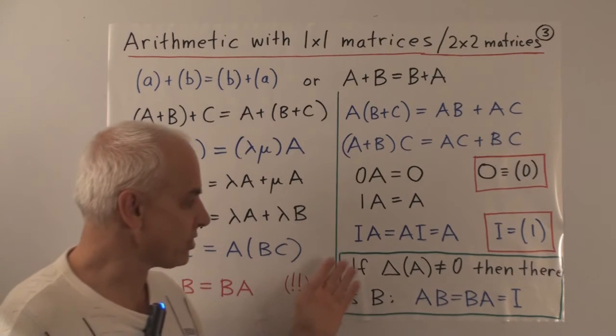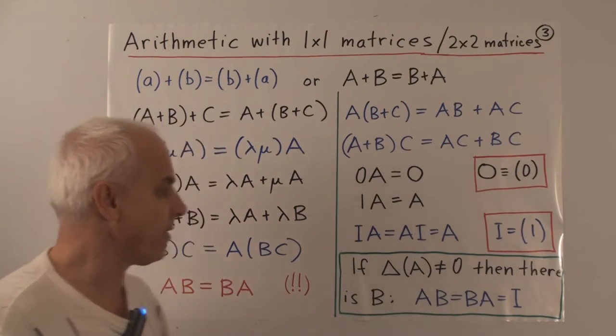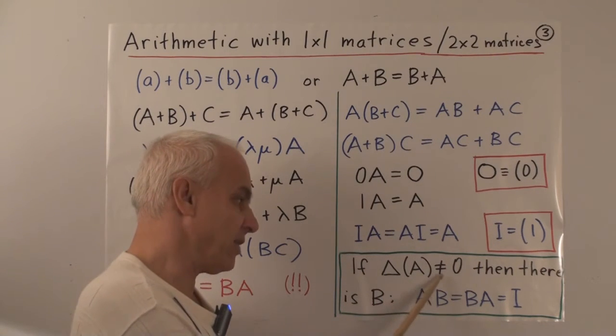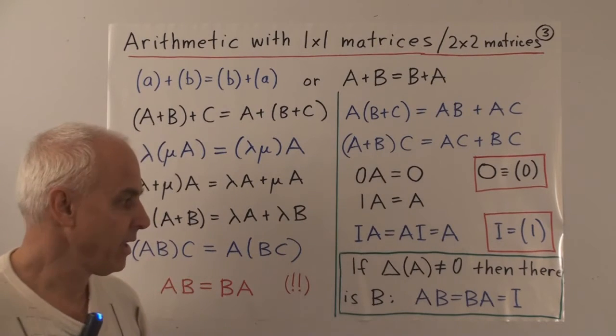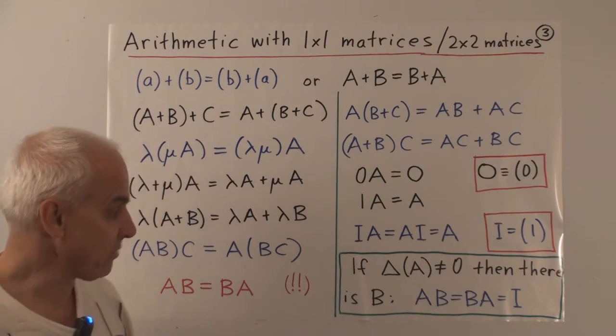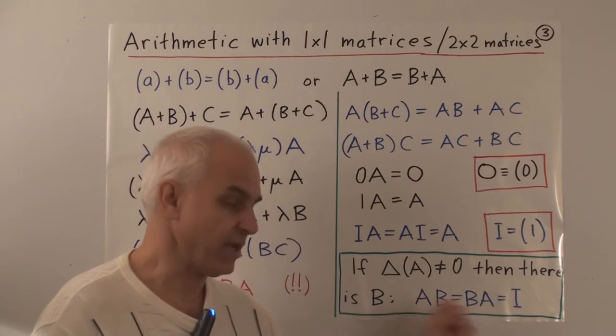And now we come to the most complicated law, and perhaps the most important one. It's that if delta of A does not equal 0, then there is another matrix B which has the property that A times B equals B times A equals the identity matrix.